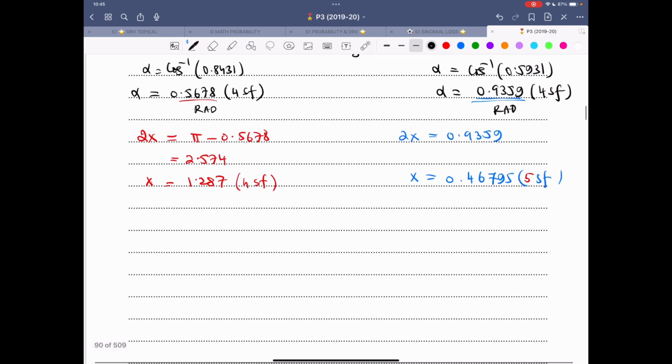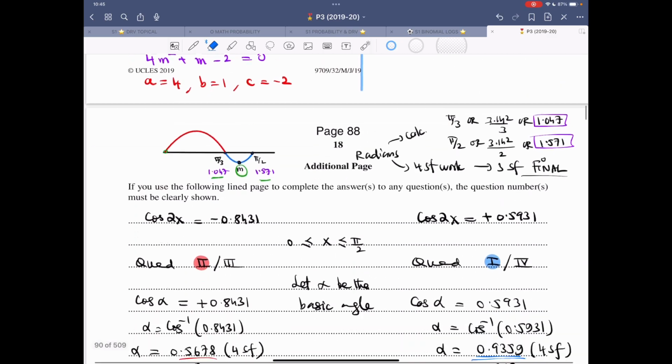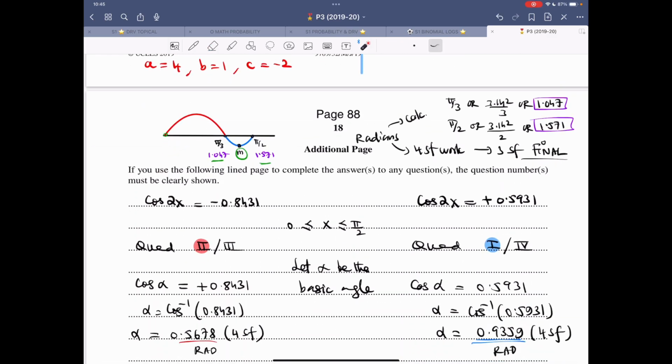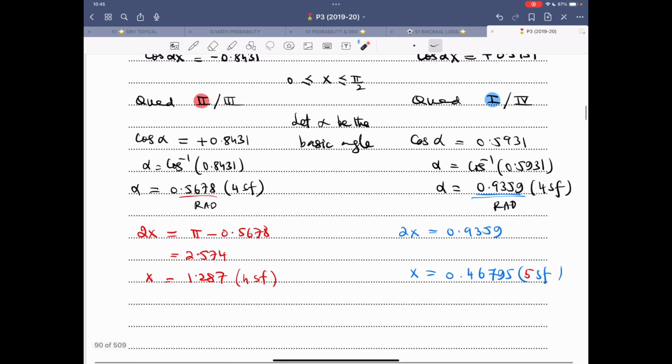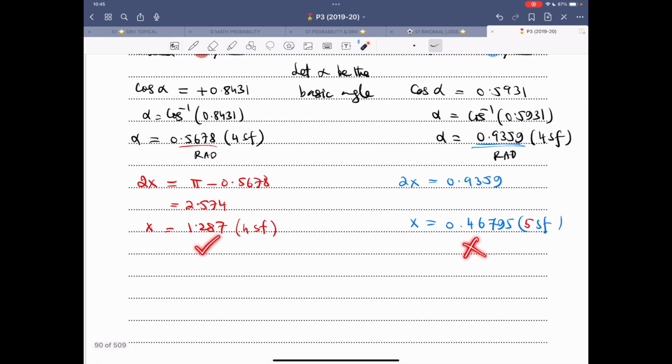So now over here, x is already the subject. Now think about it. It should lie between pi by 3 and pi by 2. So 1.047, 1.571, this falls within the range. This does not fall within the range.